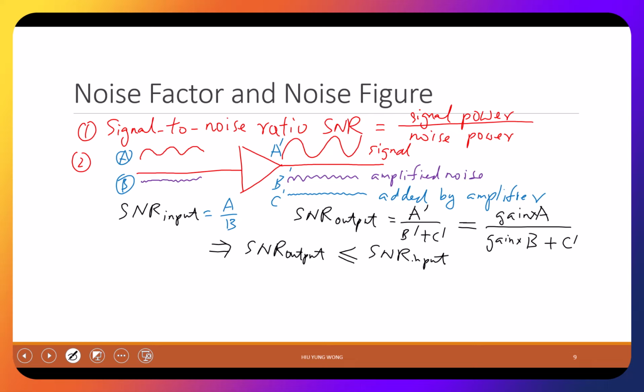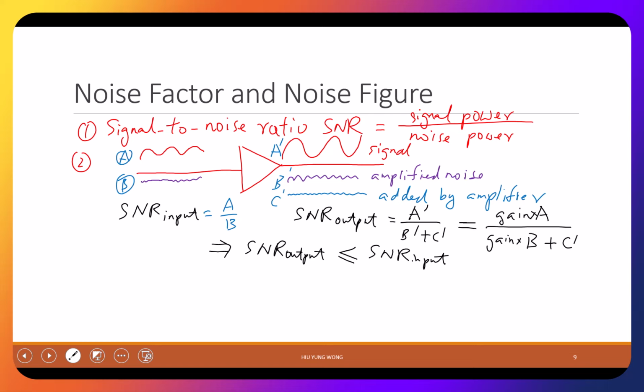So if you keep amplifying your signal, you thought that it will be better. No, it degrades the signal to noise ratio. Then why do we still want to amplify? That is because the signal was too small to be detectable. That's why we amplify it, so we can hear. However, whenever you're amplifying something, the quality will get degraded.